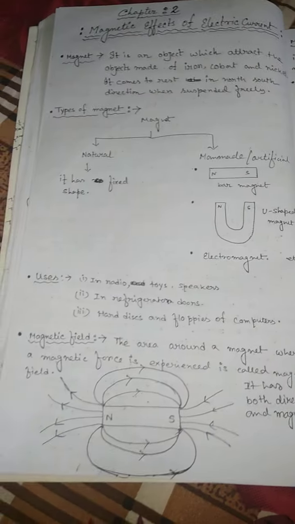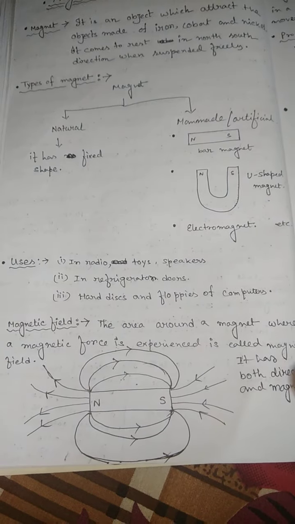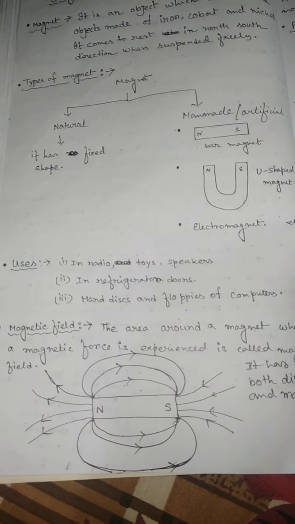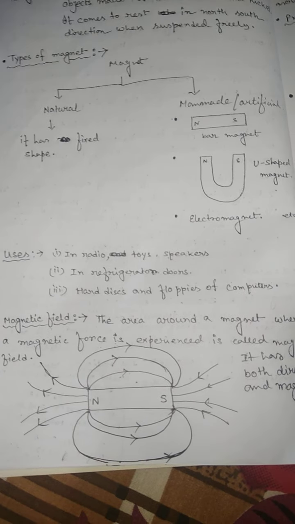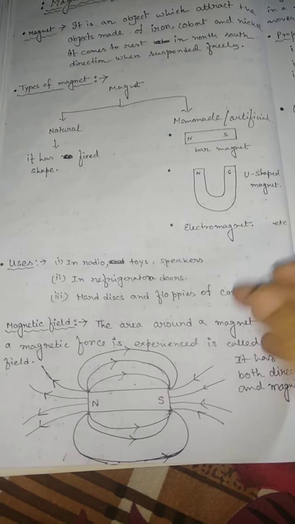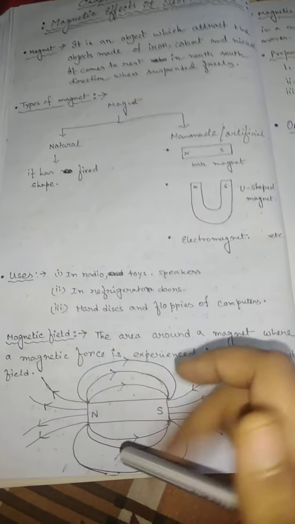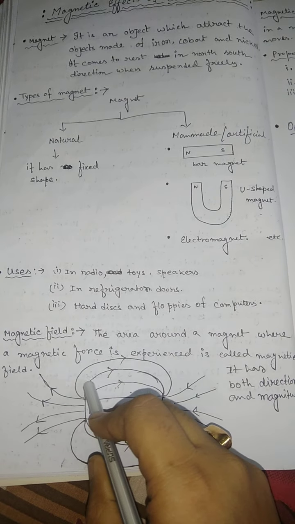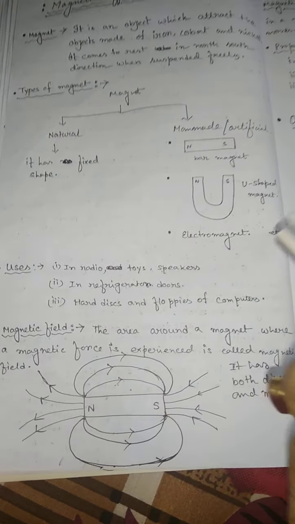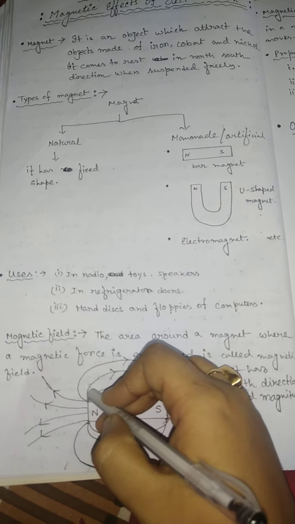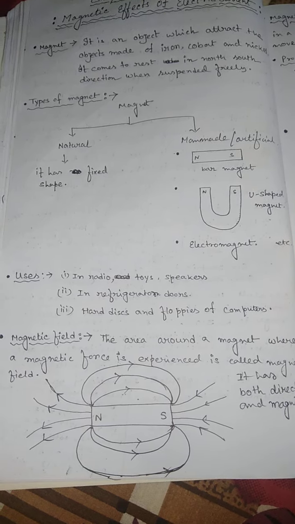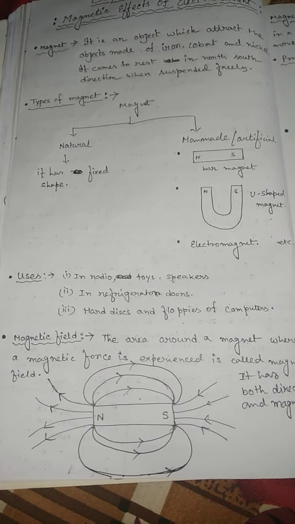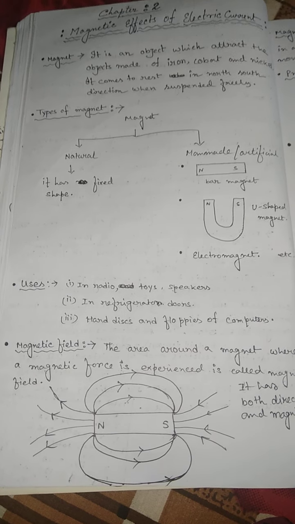That area around the magnet where the magnetic force is experienced by a magnetic substance is called the magnetic field. Now if we place a magnetic compass here, we see that the north pole and south pole of the compass will deflect.